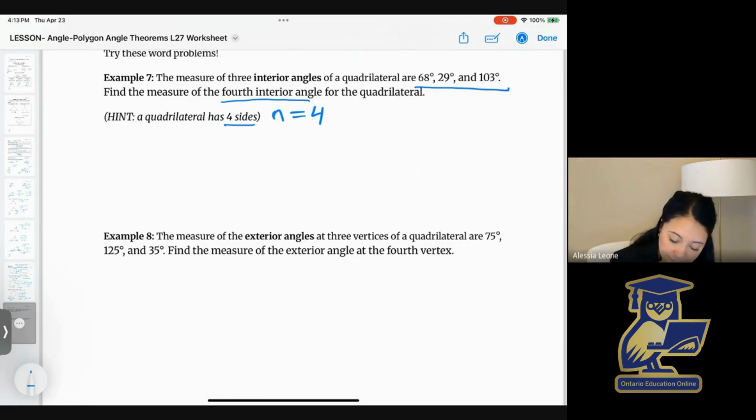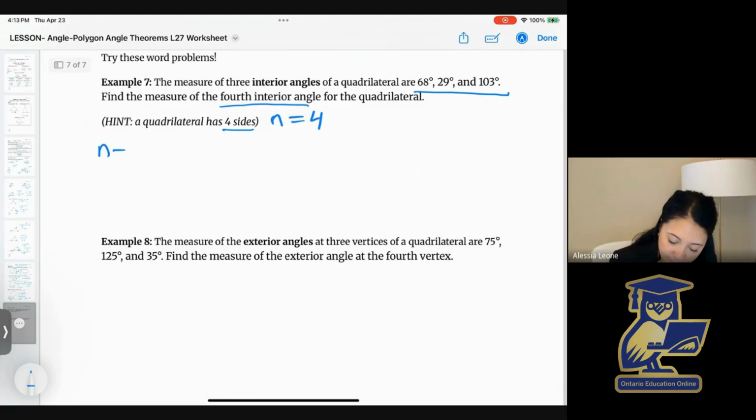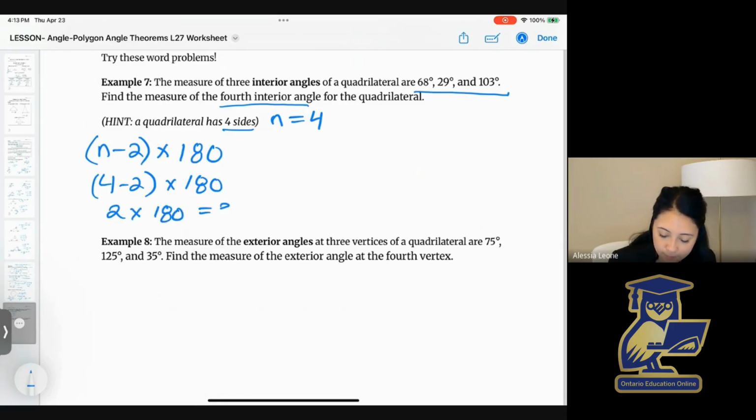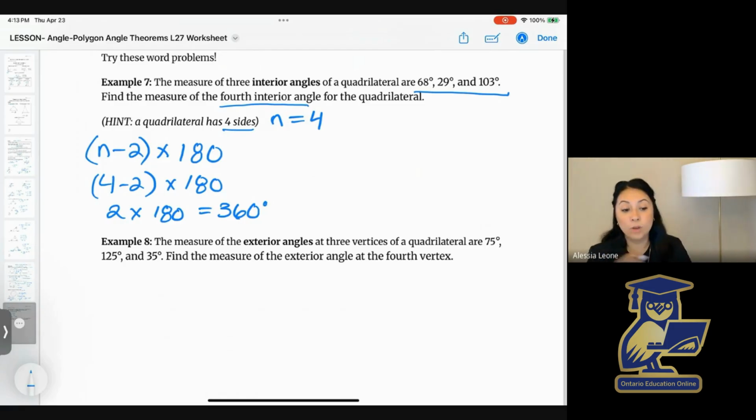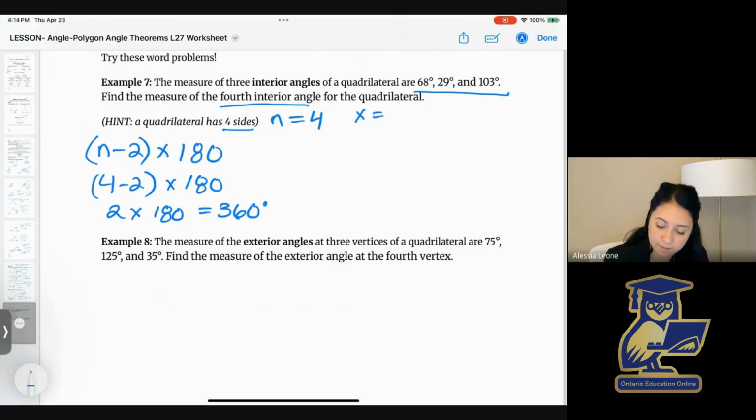So let's find the sum. 4 take away 2 is 2. So the sum of all of them should be 360. Now we will take away the ones we have to find that 4th interior angle. So let's call that 4th interior angle x.